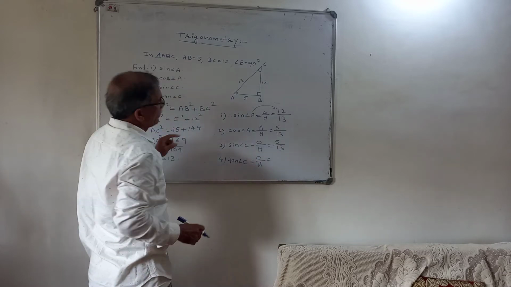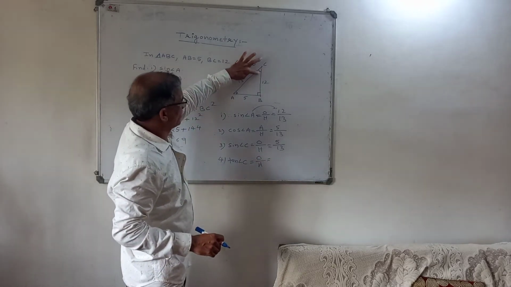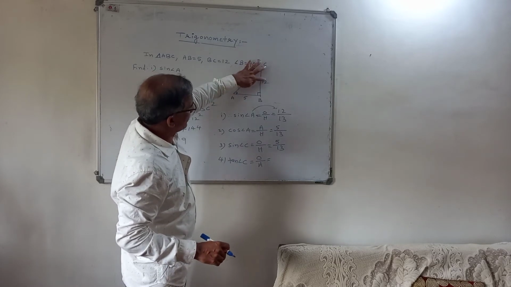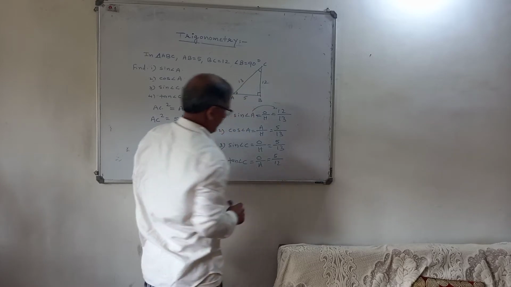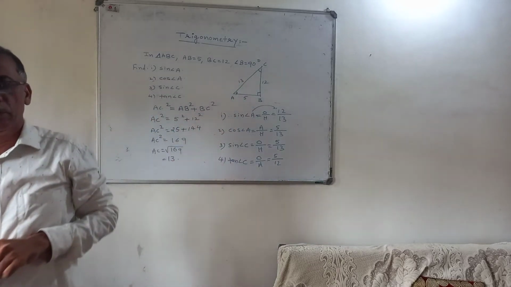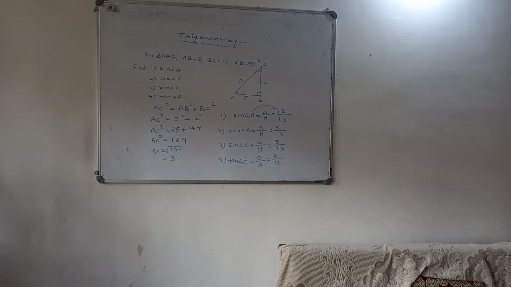That you should know. Now the angle C is here. So opposite is 5 upon adjacent is 12. So it is 5 upon 12. So this is how you have to write the ratio. If you don't know, you draw the figure, you will be given two sides. So the third side you have to calculate by using Pythagoras theorem and then you can write the ratio.